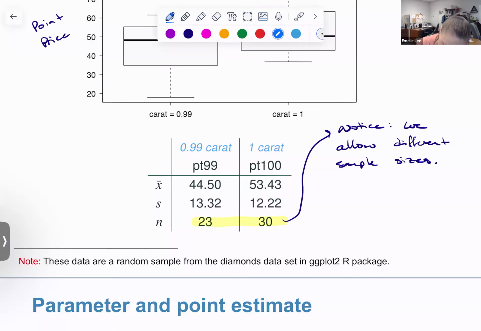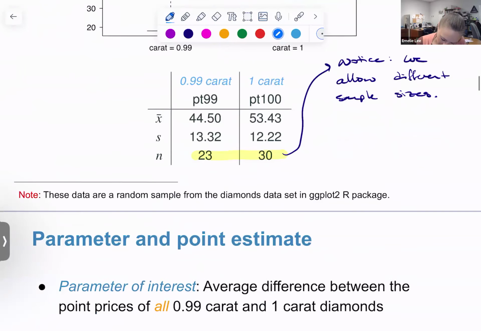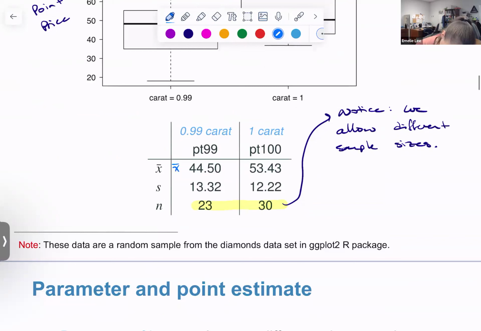And so here, in terms of X bar, let's say 99, could be X1 bar, X2 bar. S99, S1, kind of confusing, 100, I guess, and 99 and 100. All right, if we make it question specific.